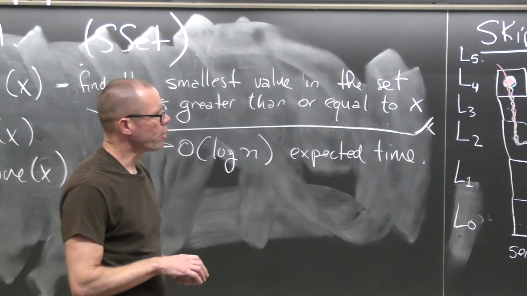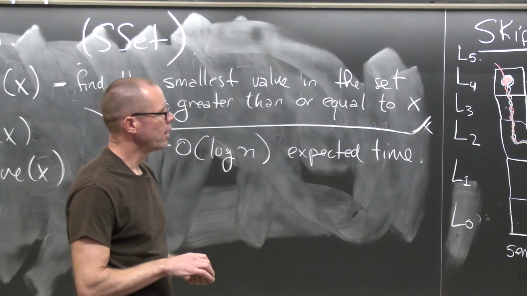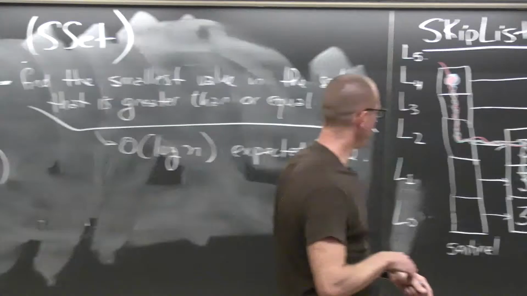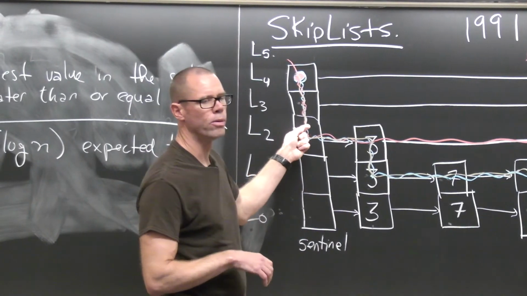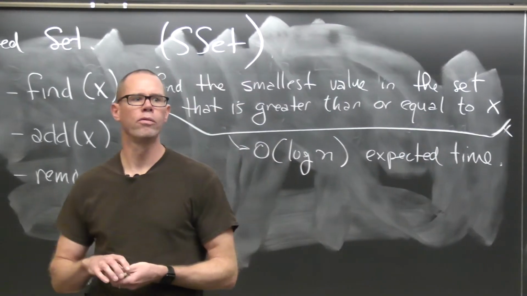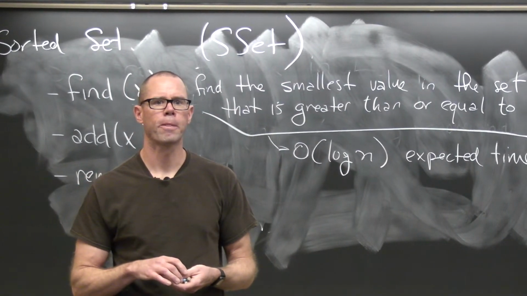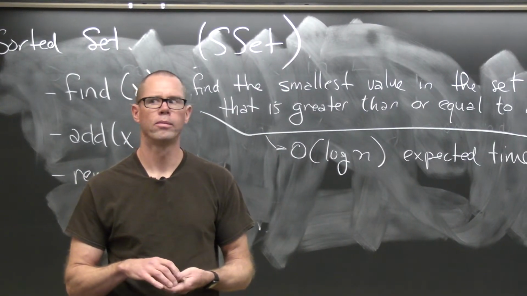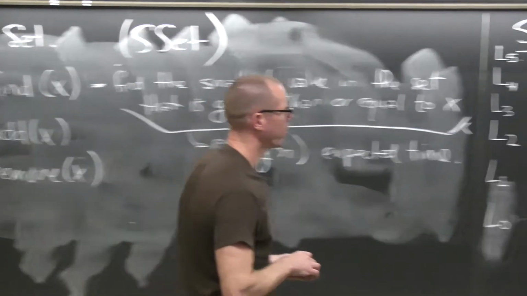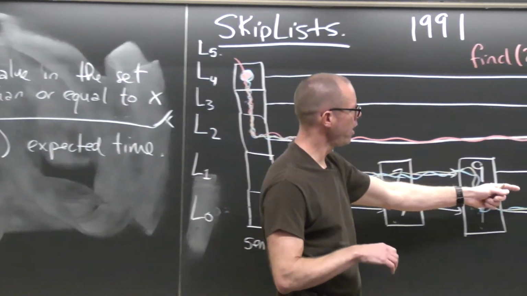So somehow in this process, we have to not only insert this thing in L0, but also insert it in L1 and L2. So which nodes do we need for that? 3, 9, and 10.